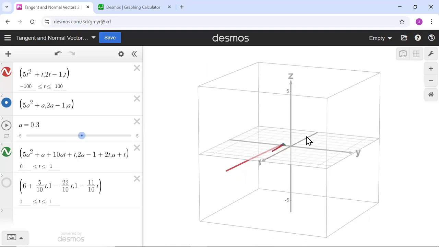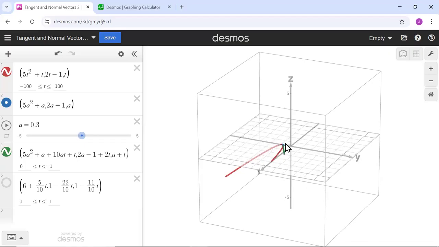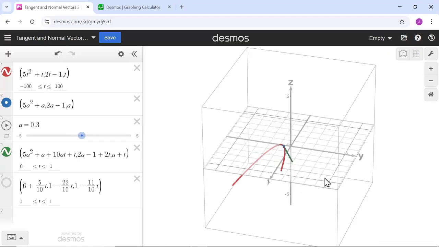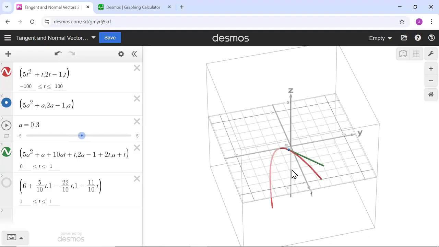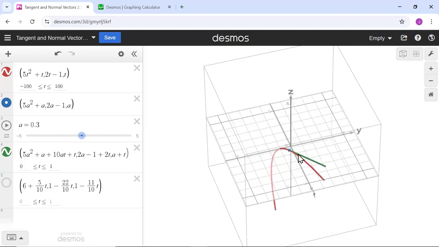Again, I didn't make this one a unit tangent because it's hard to see if it's a unit tangent, but I think you get the idea.